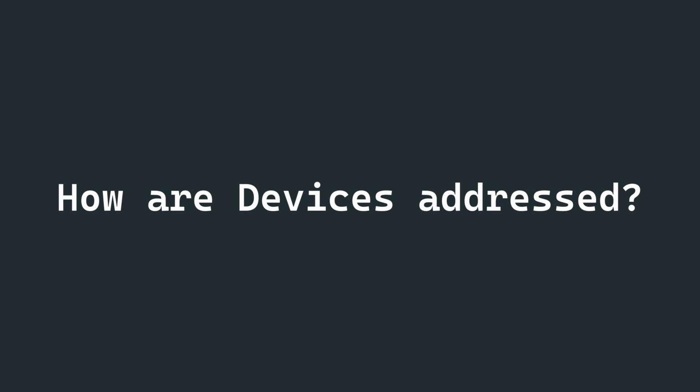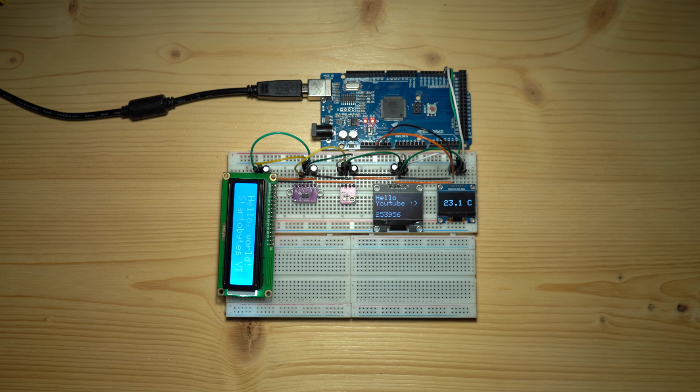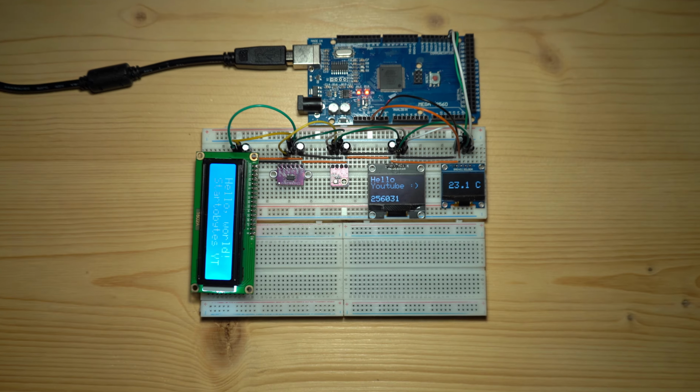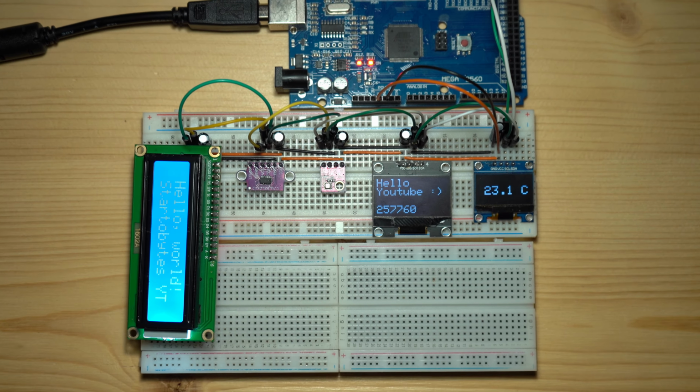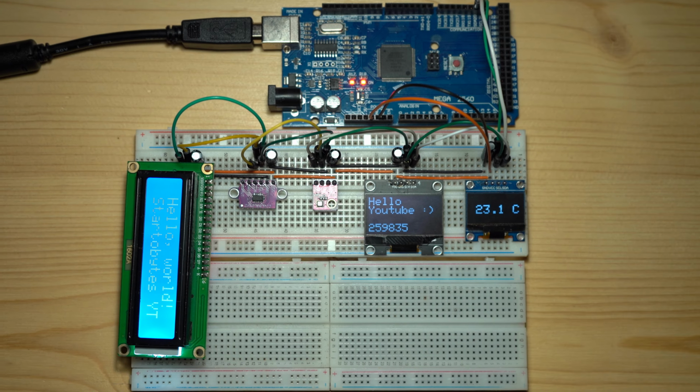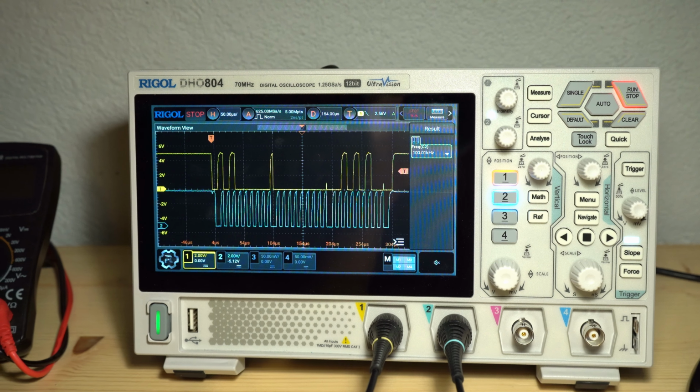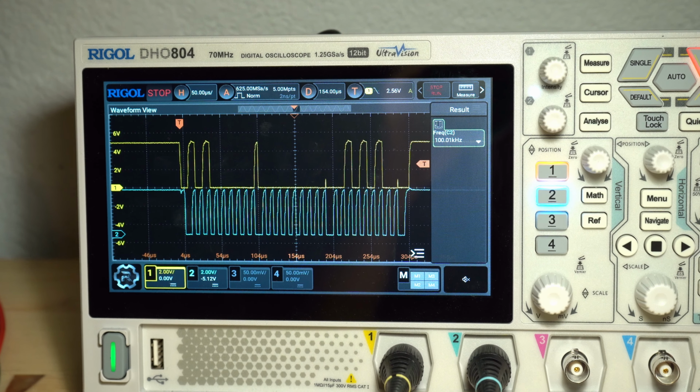The next important aspect of I2C communication is how devices are identified and selected on the shared bus. Since many devices can be connected to the same bus, this system relies on a structured addressing method to ensure that the data is delivered correctly.